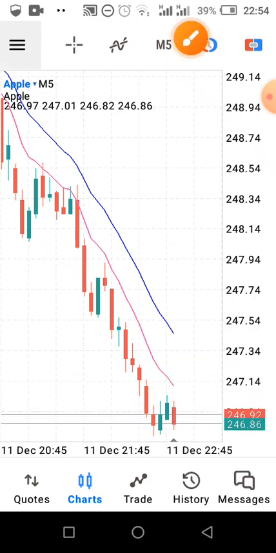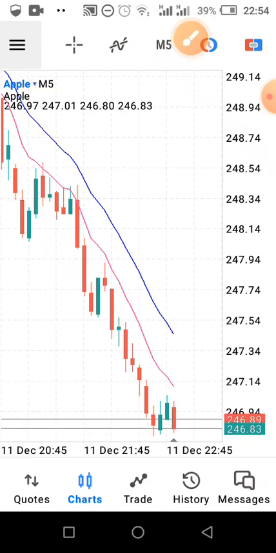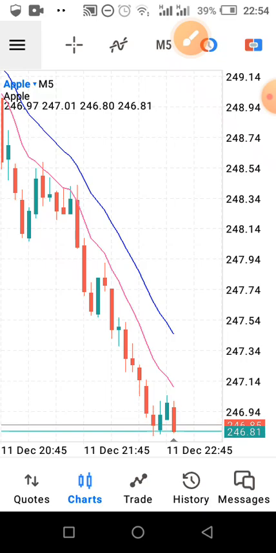Now, the advantage with trading with floating spreads is that you have a higher guarantee of having your orders filled, just meaning having your trades opened.